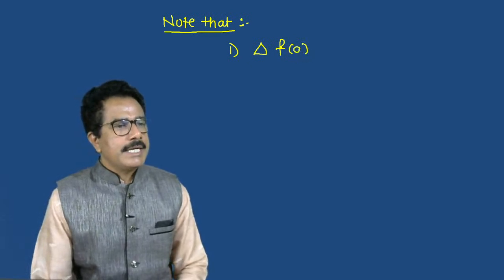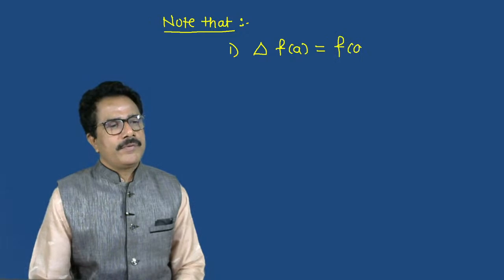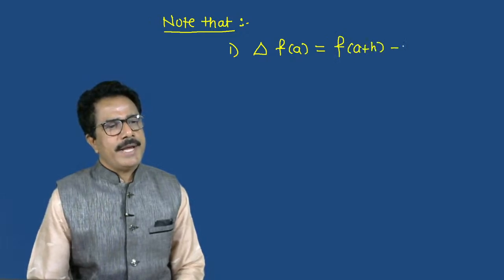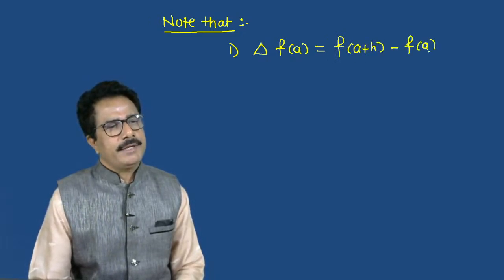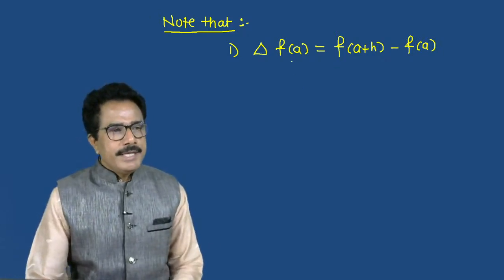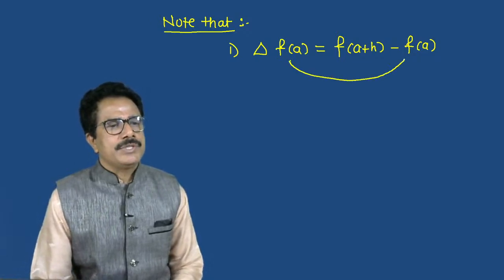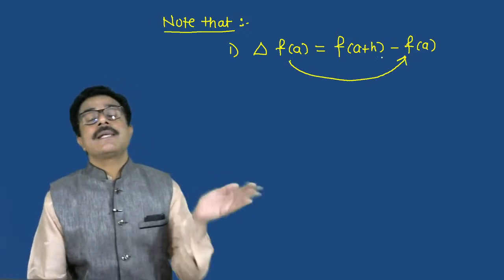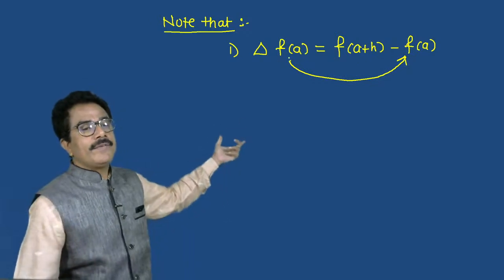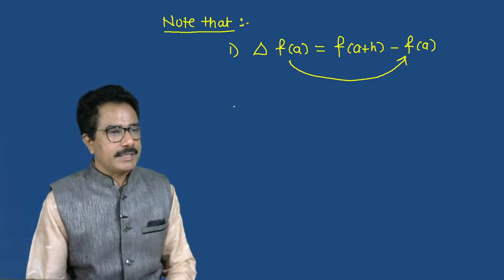Suppose delta f of a means f of a plus h minus f of a. In that case, f of a is at the second position, which is subtracted from its forward term.